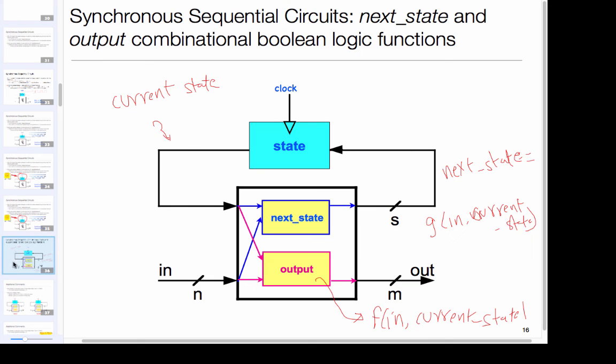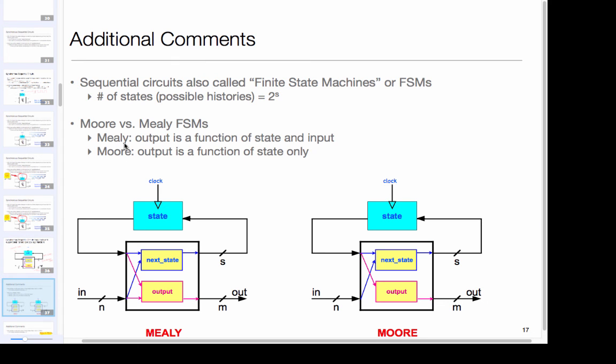These kinds of circuits where I have this next state and output combinational logic are basically implementing finite state machines. Okay, so they are also referred to as finite state machines. And the idea here is the following: remember I said the state is like memory, which is reading its input at a clock tick. So the question then becomes how many bits this memory is storing, right?